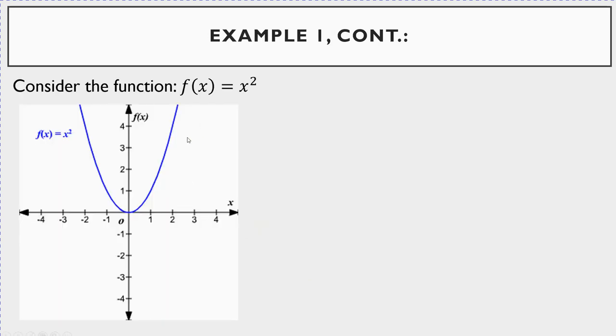So look, if we go back and consider this function here, does f of x have any critical values? Well, look, f prime of x is equal to 2x. The derivative is equal to 2x.